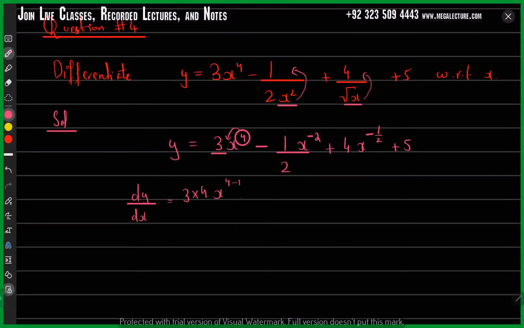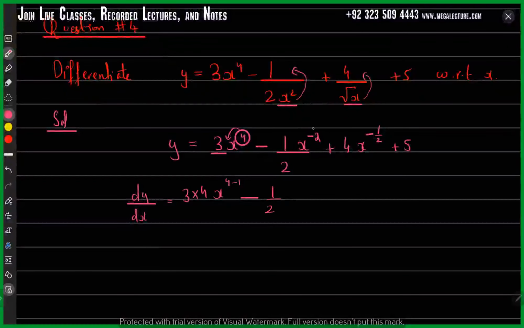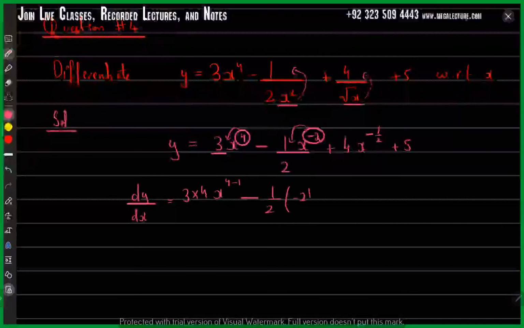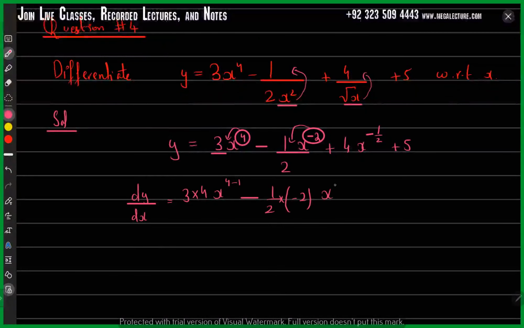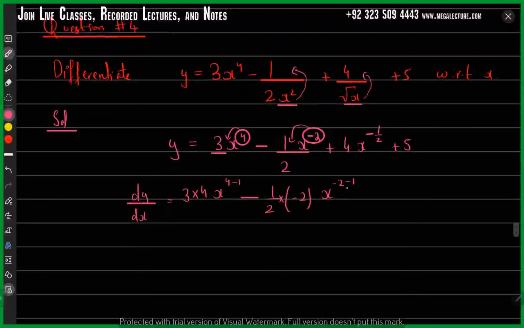Then this minus would come as it is, this 1 by 2 would come as it is, and now this negative 2 would be multiplied over here. So I'll write negative 2 here, it's being multiplied, and x has the power negative 2, and what do we do with the power? We do minus 1. Old power minus 1. The power in the equation is minus 2. In the derivative, it would be old power minus 1.